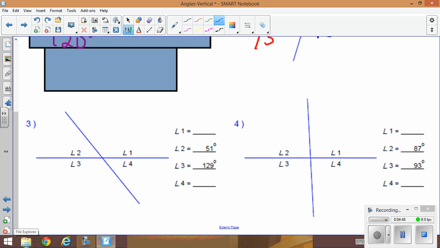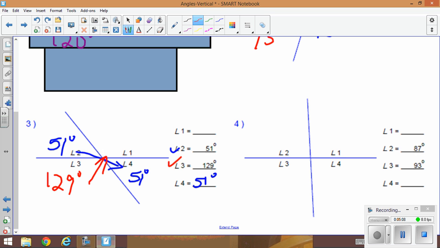Okay, example 3, I know angle 2 is 51 degrees. Vertical to 2 is 4, so I know 4 is 51 degrees. Okay. I know angle 3 is 129 degrees. So I know vertical to 3 is angle 1, which is also 129 degrees.